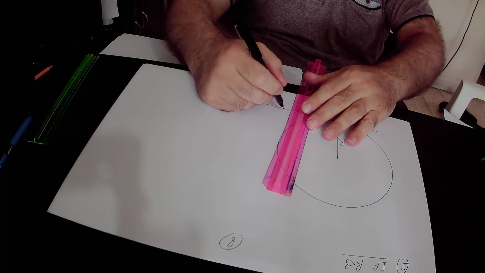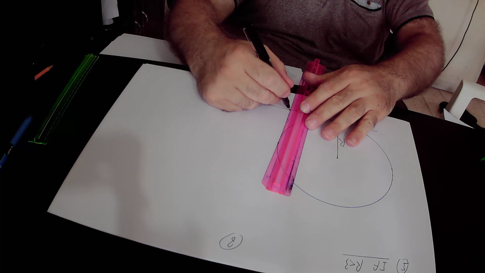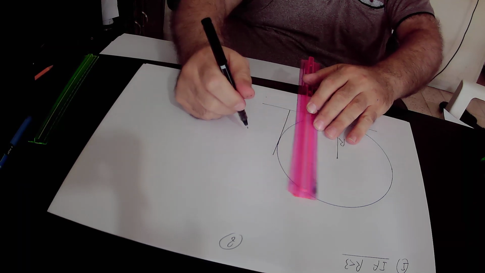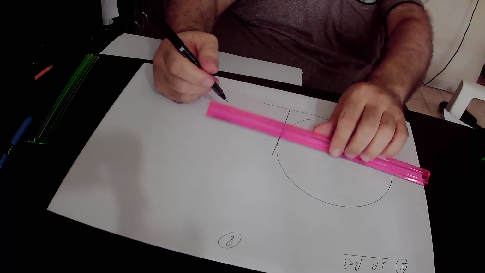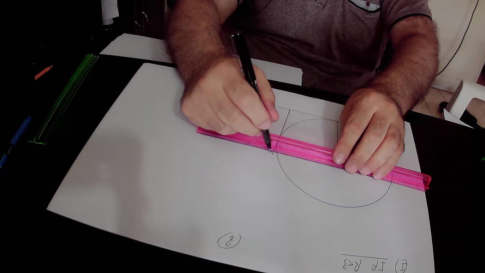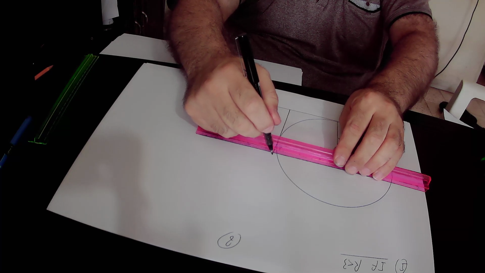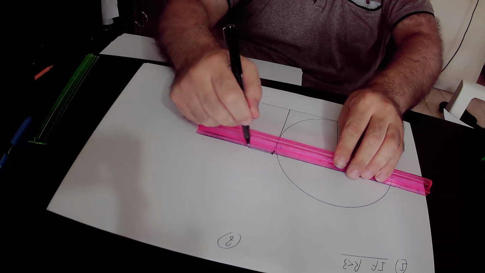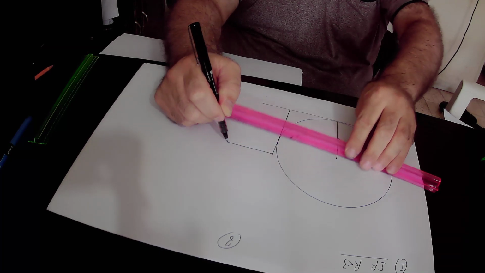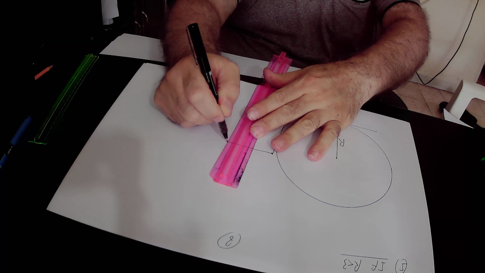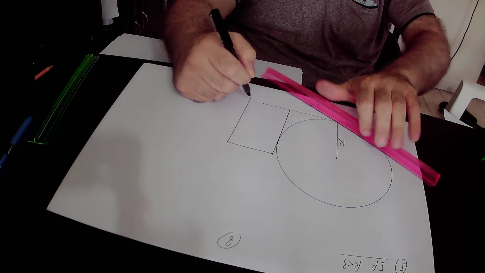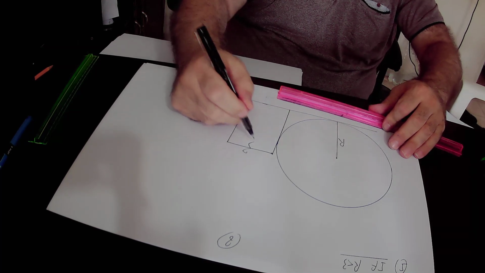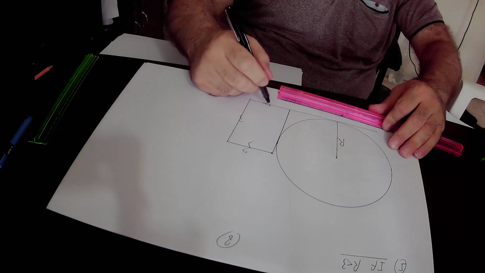Okay, so the square that we have in the drawing will be higher than the radius. The side length of the square is equal to 3 units, and it is higher than the radius. Here this is the square, each side is equal to 3 units.